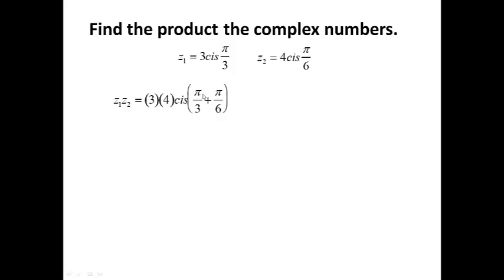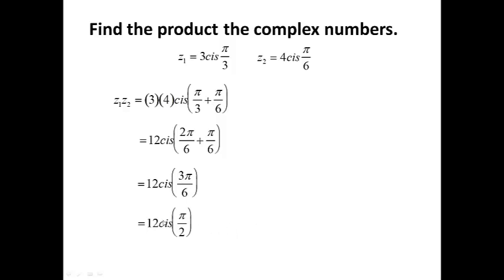And get a common denominator of 6. So this will be 2 pi over 6 plus 1 pi over 6. That's 3 pi over 6, and that reduces to pi over 2. Now the cosine and sine of pi over 2 are 0 and 1. So that's 12 times 0 plus 12 times i.